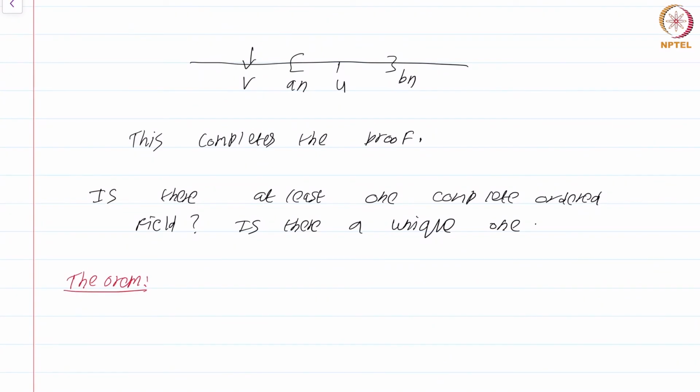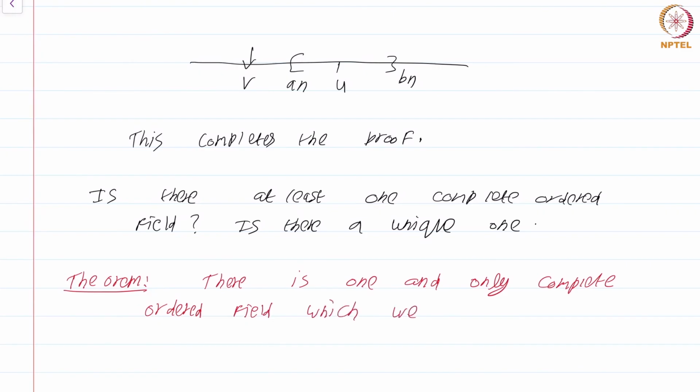There is one and only one complete ordered field, which we call the real numbers, R.